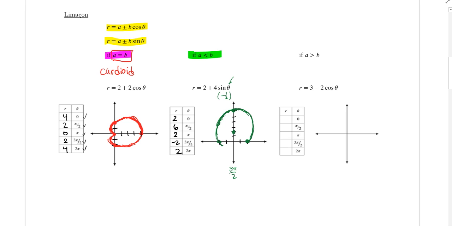What's going to happen is we're going to have a couple more positive radii plugging in some angles, but eventually we're going to get to a place where we do cross the pole, and what happens is we make a loop up through. These are all negative radii, where r is negative. And then it actually comes back out positive r's again and completes that loop right there. So if A is less than B, that is going to give us our limaçon with a loop.